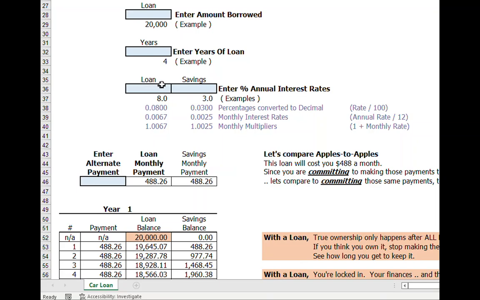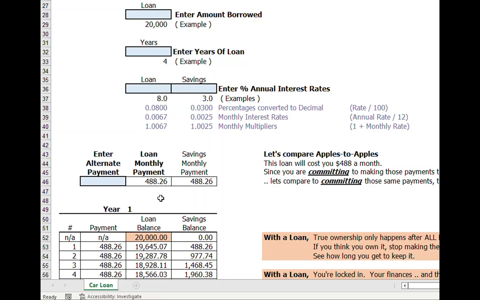For now, we'll use the defaults of $20,000 for a loan, like a car loan, for 4 years, 8% loan interest, and a 3% savings interest. 3% was available when this spreadsheet was made. The default values calculate a monthly payment of $488.26.